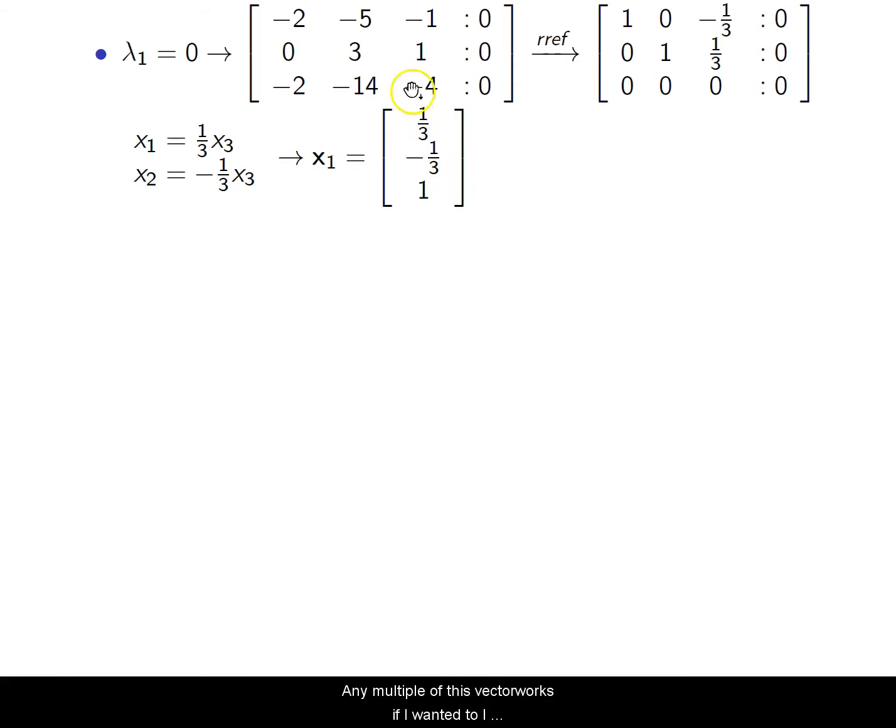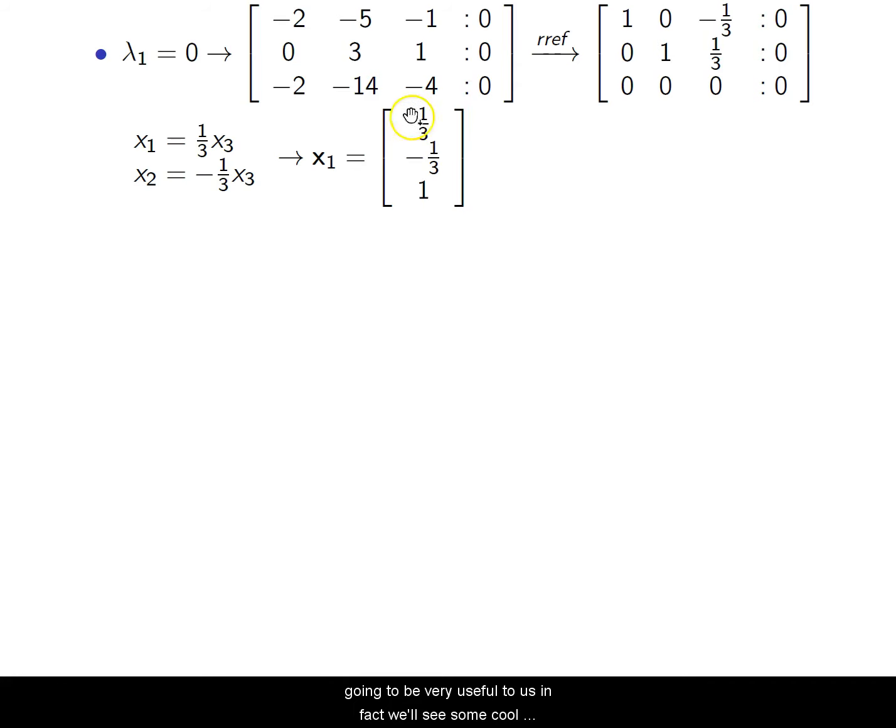And again, any multiple of this vector works. If I wanted to, I could have put in 3 here, and then this would be negative 1 and just 1. I can multiply this entire thing out so that they're all constant whole integer values. And although that's going to look good, later on, if we develop that habit, it's not going to be very useful to us.